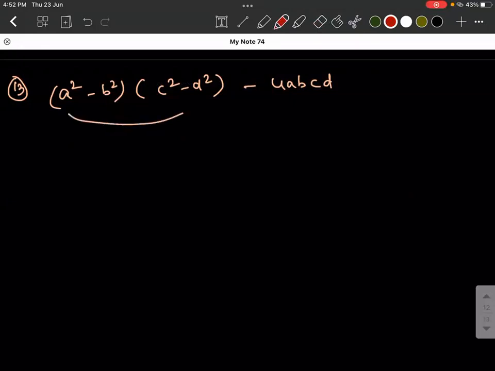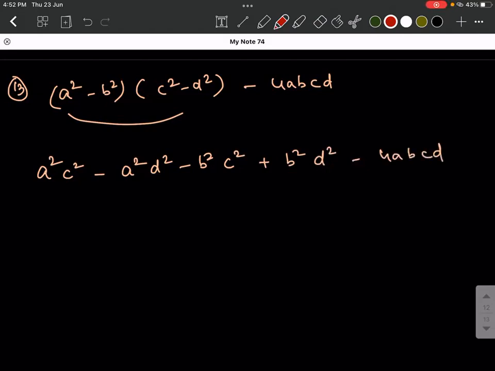So listen. When you multiply these two, what will you get? A square c square minus a square d square minus b square c square plus b square d square minus 4abcd. This 4abcd, can we do something? Can we split it and write it as 2abcd and 2abcd?